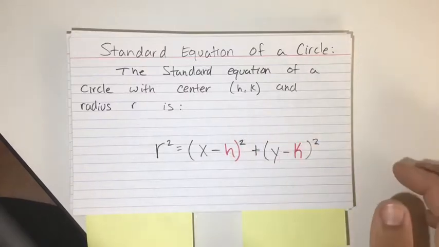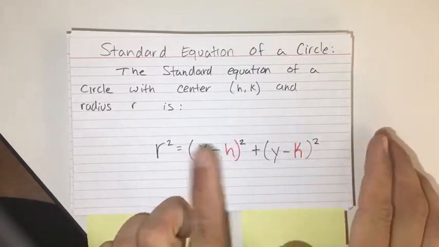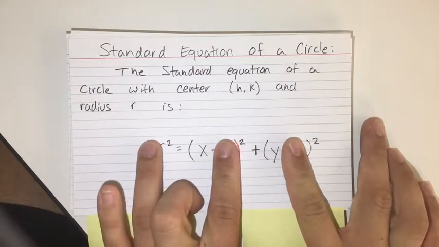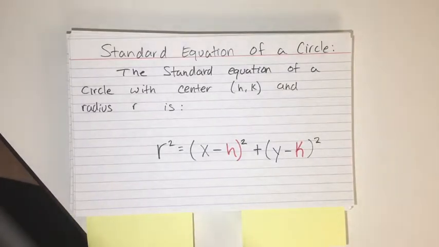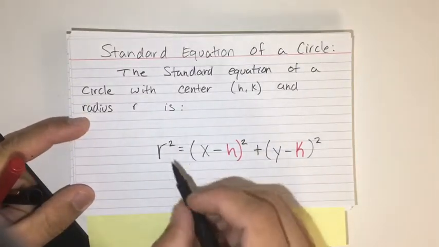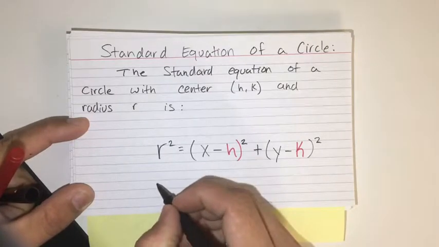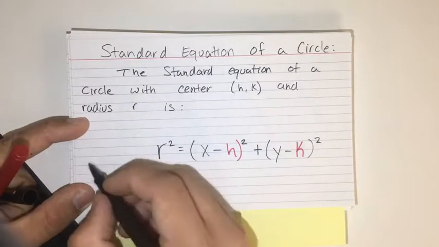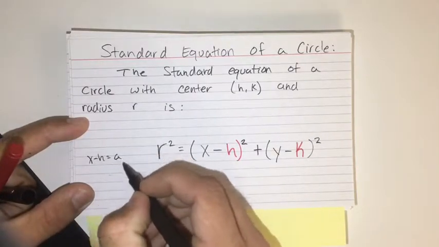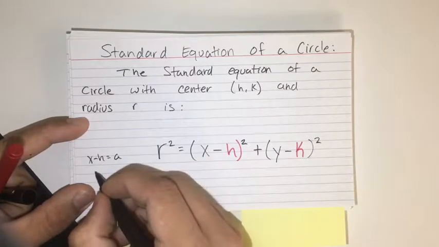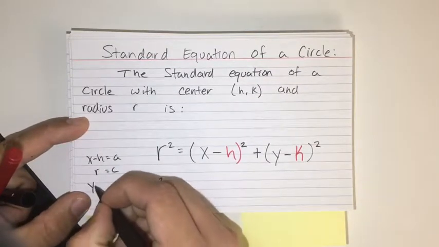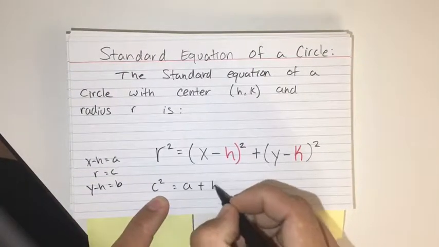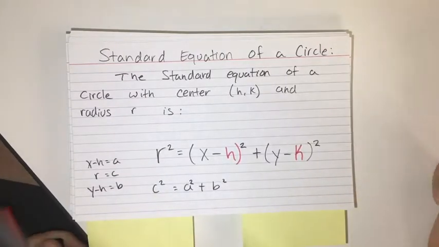If I were to replace these values, if I were to replace r with c, and x minus h with a, so r equals c, and y minus k equals b, we just have the Pythagorean theorem.